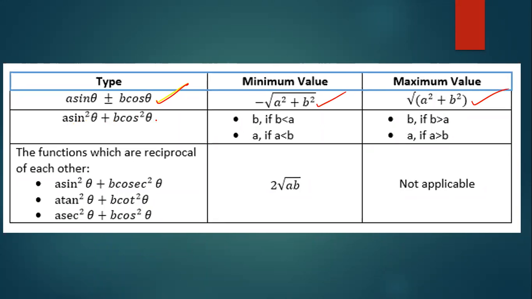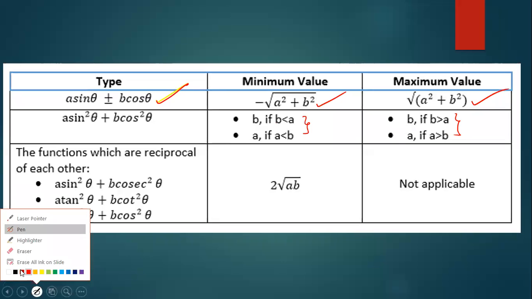A sin square theta plus B cos square theta, suppose it is given. What is the minimum? B, if B is less than A. See carefully these cases. I am asking one question. See the formulas carefully.